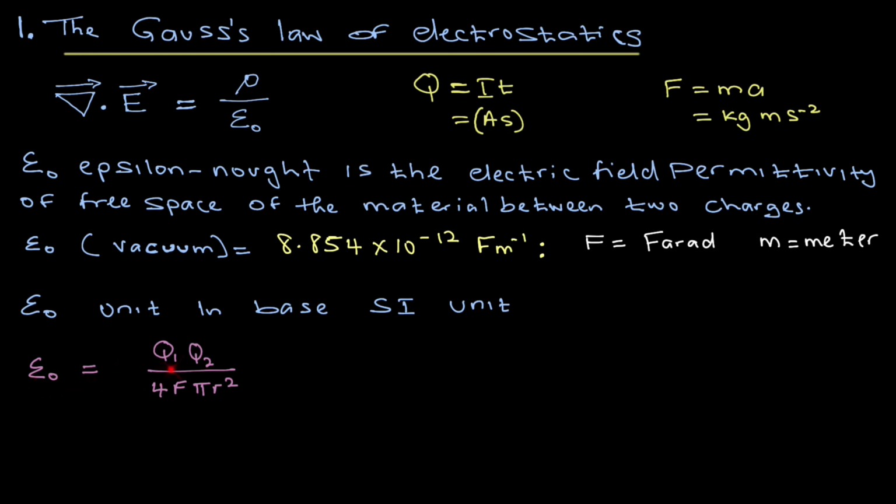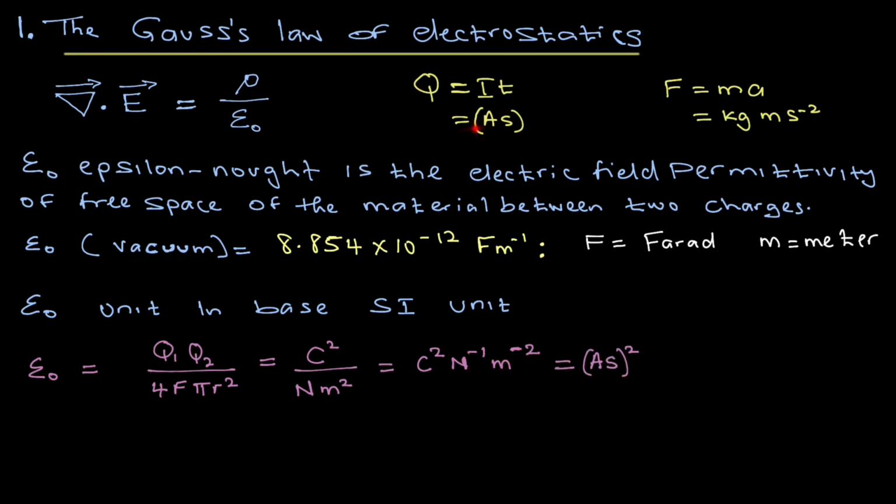Epsilon-nought formula is Q1 Q2 over 4 pi F r squared. Therefore the unit will be Coulomb squared, because the unit for charge is Coulomb, over F, which is Newton, and r squared is meter squared. And that can be written as C squared N to the power minus 1 m to the power minus 2.